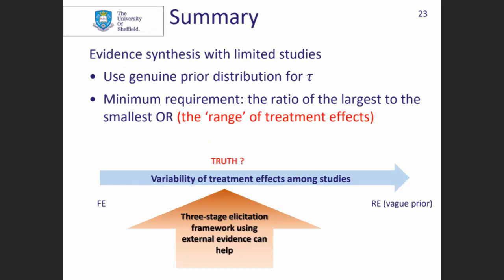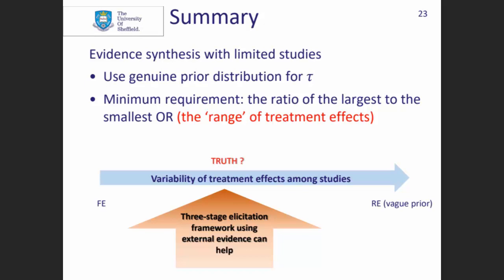So to summarize, the choice between a fixed effect and random effects meta-analysis or network meta-analysis model depends on the inferences required and not on the number of available studies. A genuine prior distribution for between study heterogeneity should be used to avoid making misleading inferences.